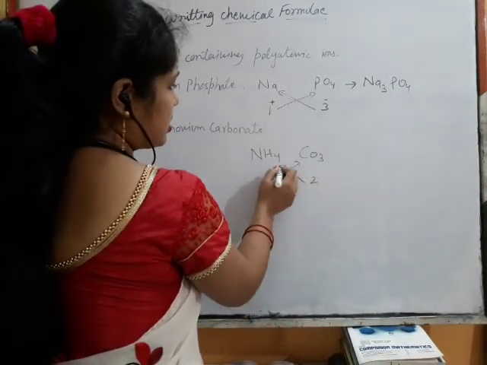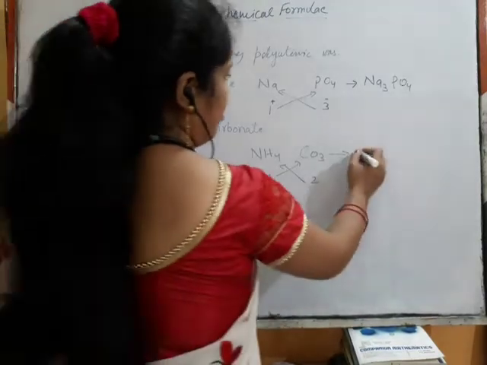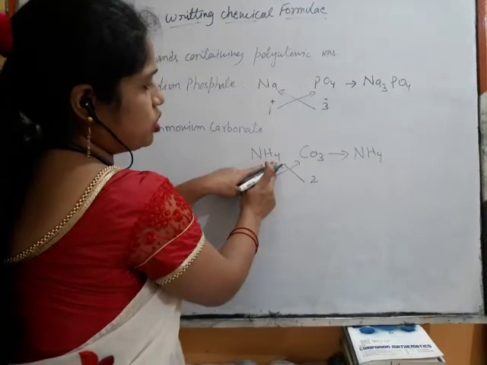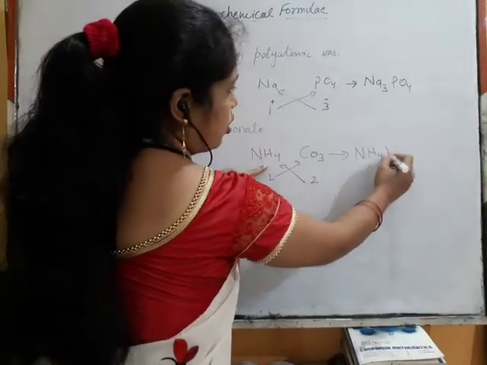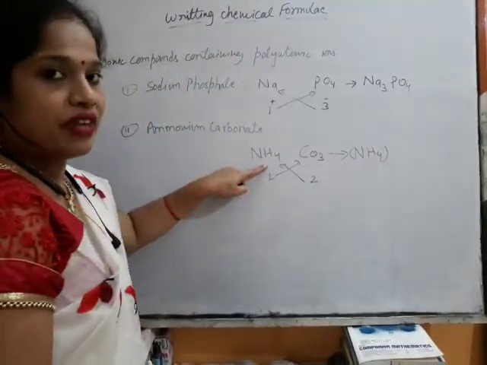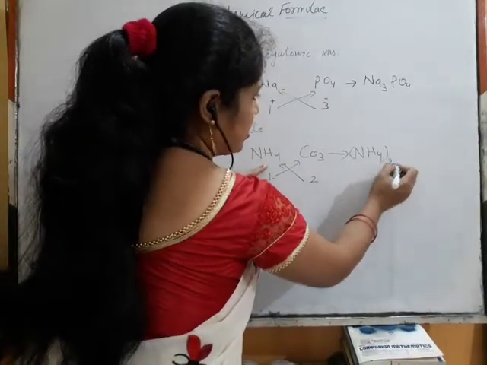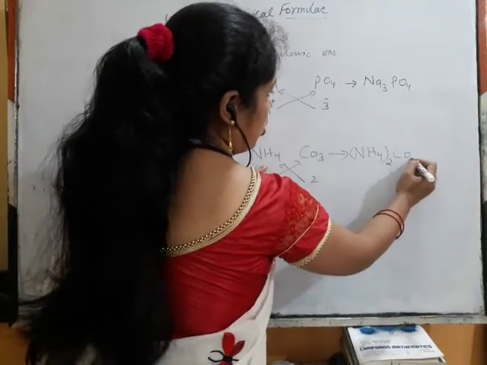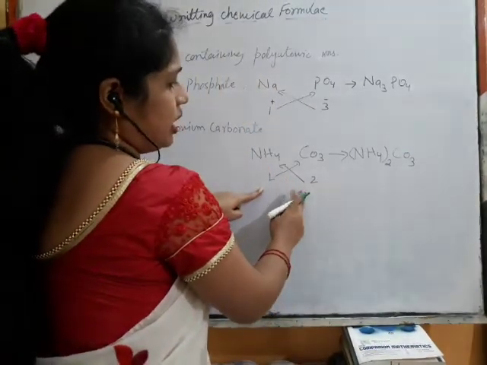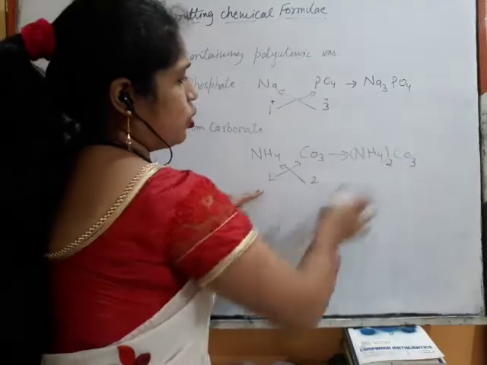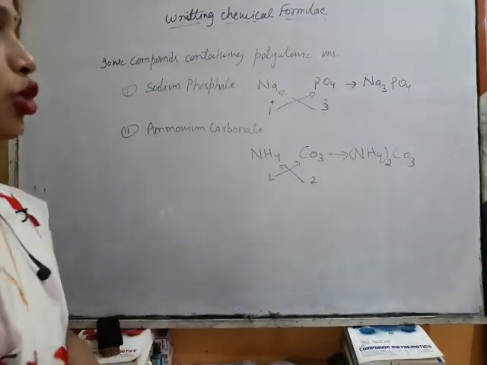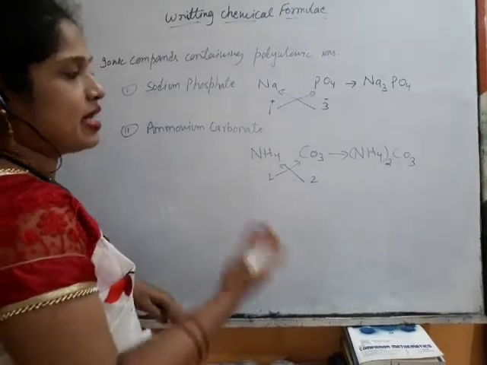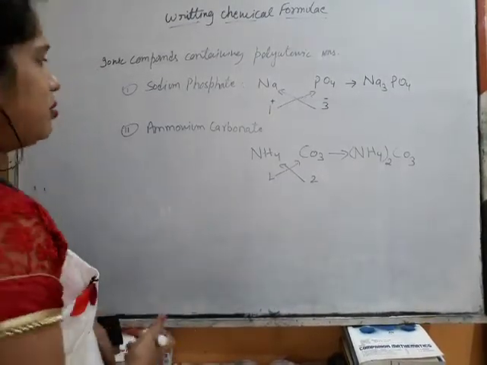They will crisscross and the formula will be NH4. Here 2 is going to take place, so it will be enclosed in the bracket and 2 will be written at the subscript position. And CO3, because 1 is the valency, so no need to put in the bracket. So NH4 twice CO3. How do we read? NH4 twice CO3, ammonium carbonate.